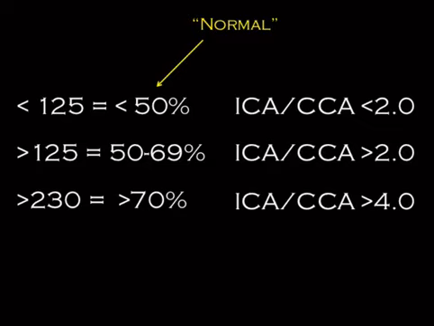Now here's a second trick that you could end up with. There's a couple of different tricks with regard to numbers. Here is some trickery that you might want to watch out for. These numbers are in centimeters per second. Not meters per second, not millimeters per second, not millimeters per minute, centimeters per second.